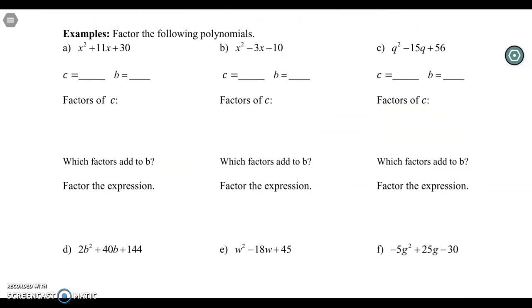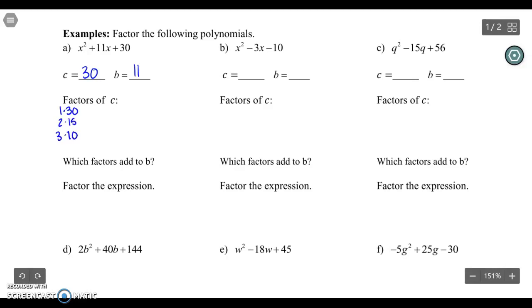So x squared plus 11x plus 30. My c is 30 and my b is 11. So I'm looking for factors of 30, so I can do 1 times 30, 2 times 15, 3 times 10, and 5 times 6. Okay, and I'm looking for which pair of numbers, and I could also do, let's just write these out this time.